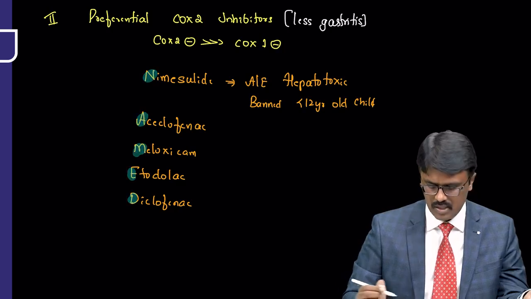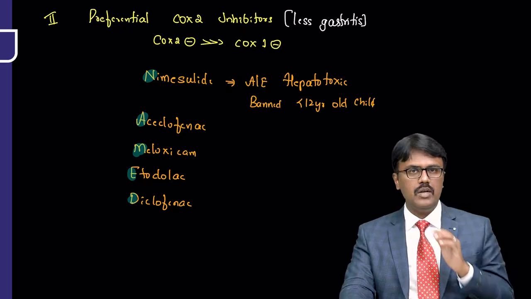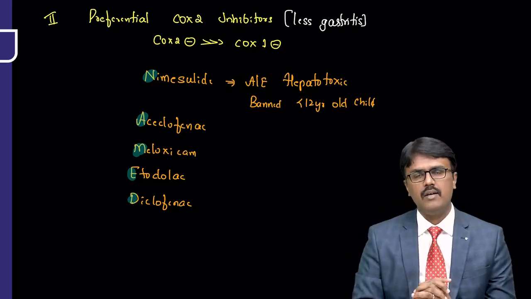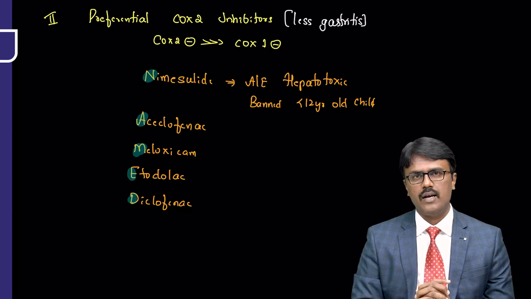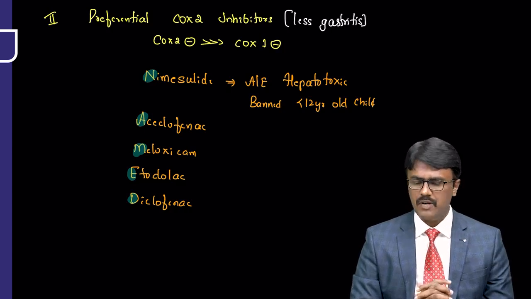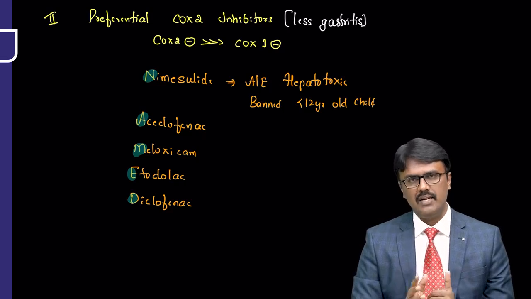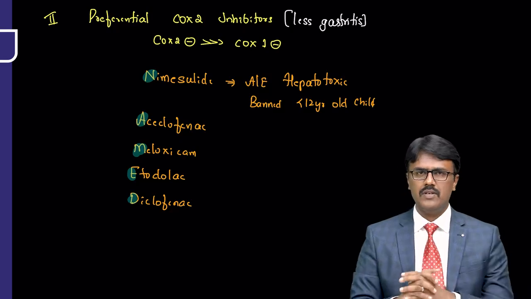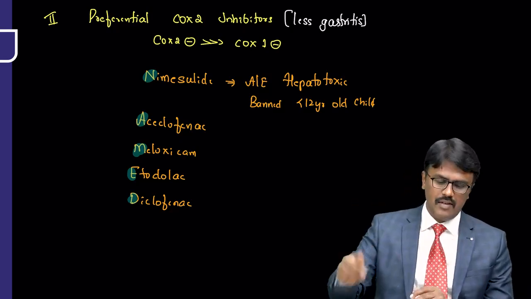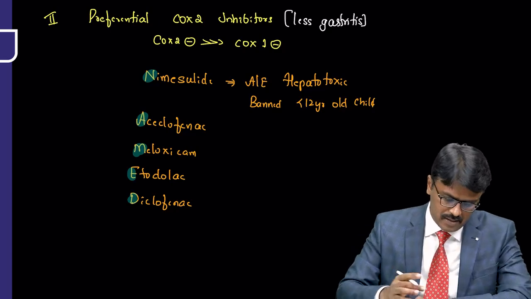So the drugs are NAMED: nimesulide, aceclofenac, meloxicam, etodolac and diclofenac. So these are preferential COX-2 inhibitors, but still the risk of gastritis is there, bleeding is there, but lesser compared to the previous group.